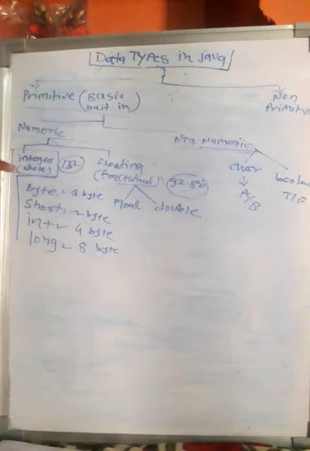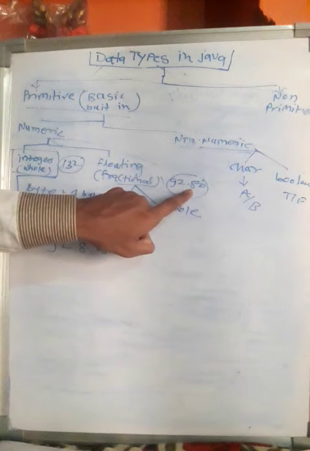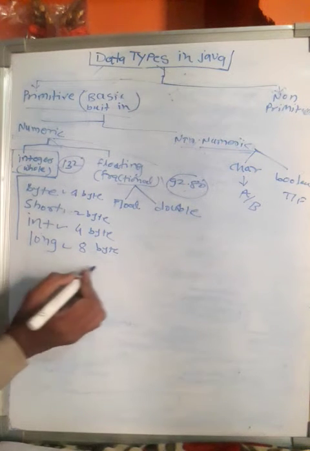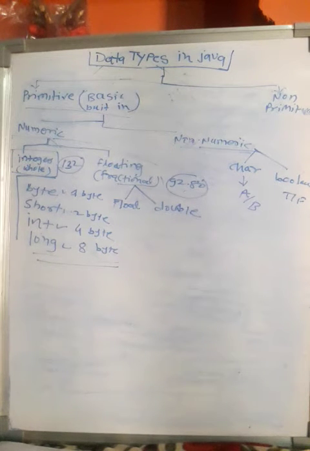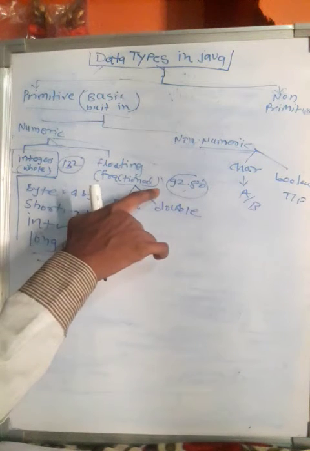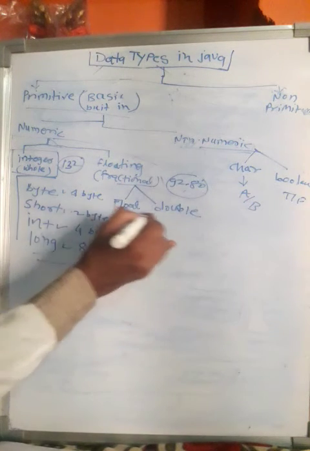But sometimes we want to store a floating point number. At that time, these data types do not support it, because they belong to the integer type. That's why Java provided floating point data types. Floating point means fractional point, which has decimal points, and these are float and double.